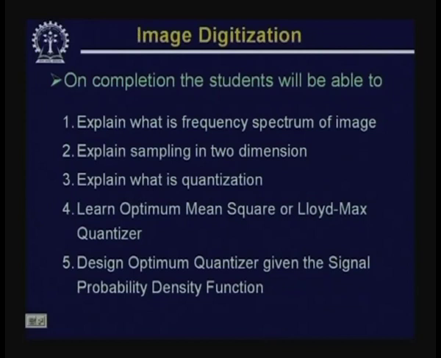In the first phase, we have to go for sampling, and in the second phase, we have to go for quantization of each of the samples. Then we will talk about what is meant by quantization. We will also talk about the optimum mean square error or Lloyd Max quantizer. Then we will also talk about how to design an optimum quantizer with the given signal probability density function.